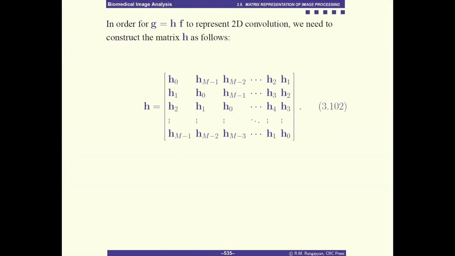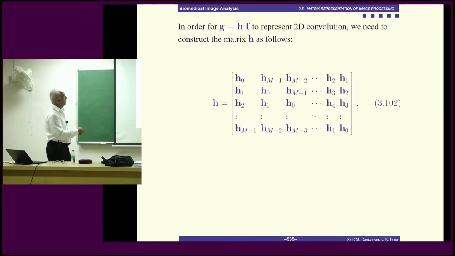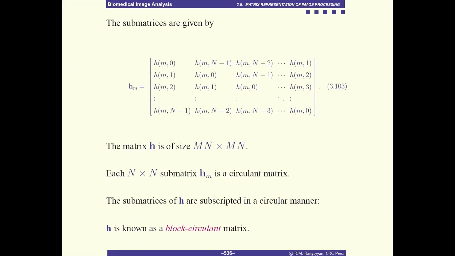So you create this matrix H by taking the rows of the impulse response matrix and writing them in this manner: H0, the zeroth row, H1, H2, H(m minus 1), and make a circulant matrix of that arrangement. H0, H1, H2, and so on, H(m minus 1), shift and shift and shift. The submatrices are given as H(m), H0, H(m minus 1) and so on, and that is shifted in a circulant manner.